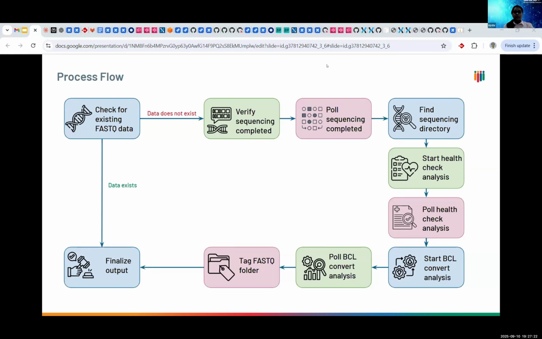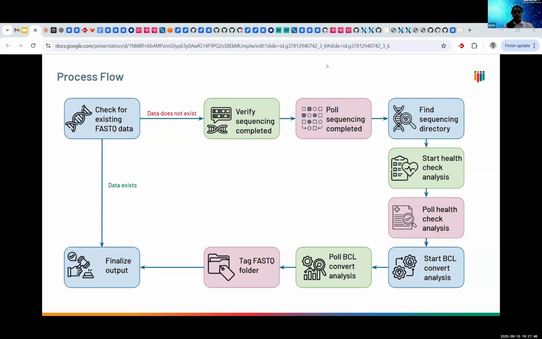This step polls BaseSpace to check if the sequencing run is fully complete and the data is uploaded correctly. Since the sequencing might be in progress, we poll BaseSpace every few minutes to check if it has finished. Once the sequencing is finished, we try to find the sequencing directory through the run ID.